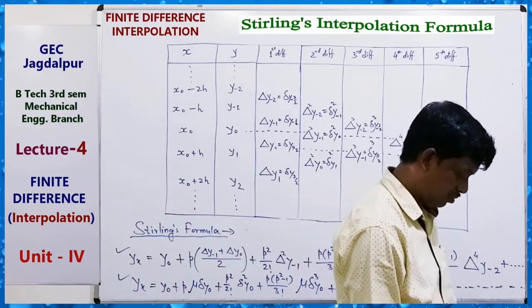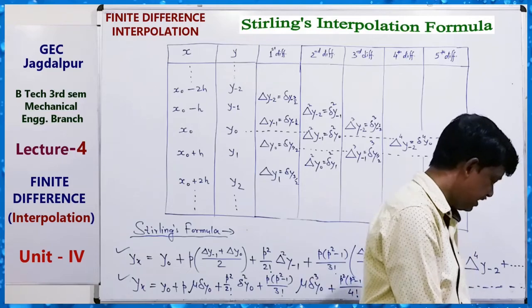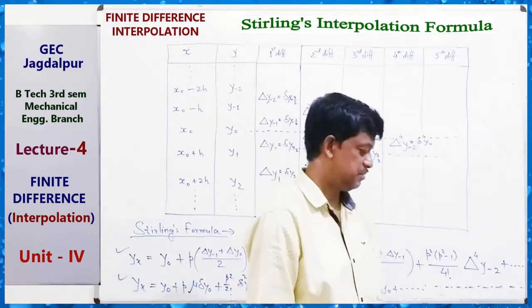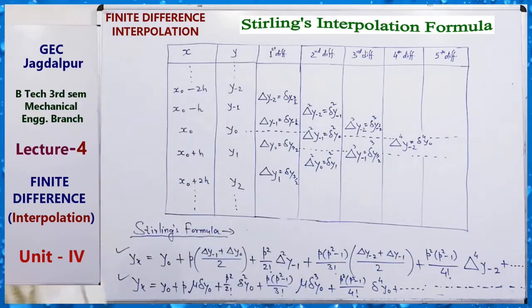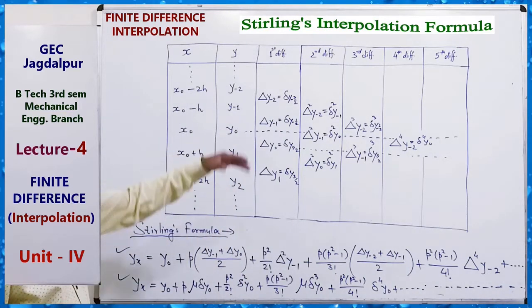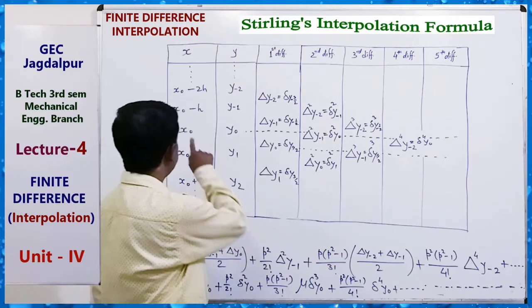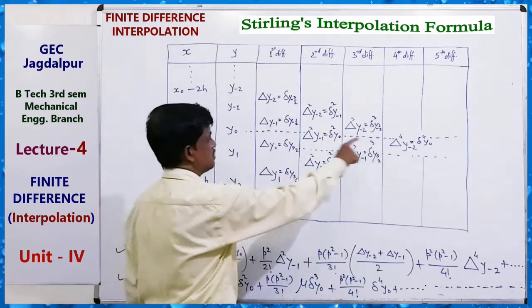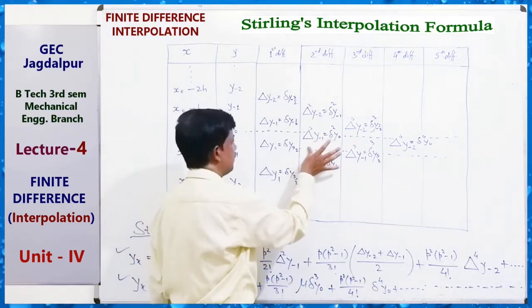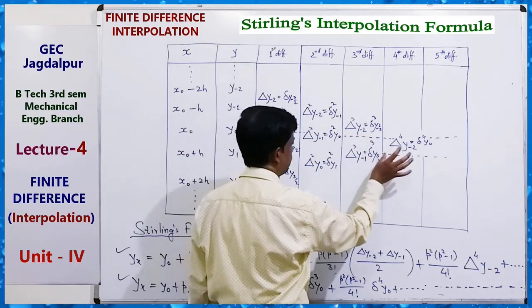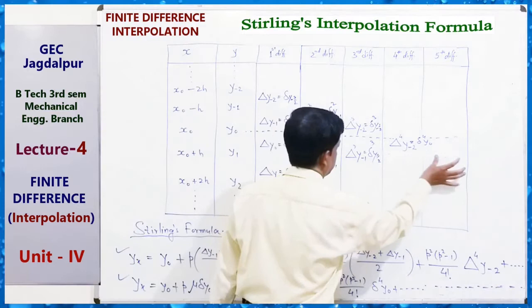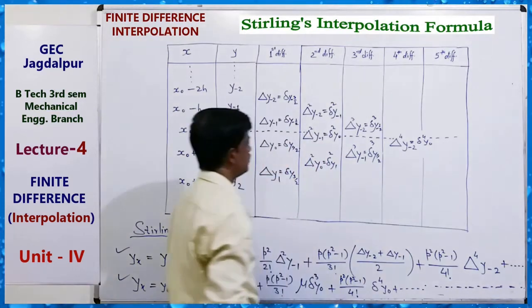Now Bessel's formula. So here there is a slight difference between these two formulas. Here see that this is a center line. If this is the origin, then the center line is this. This is the center line.